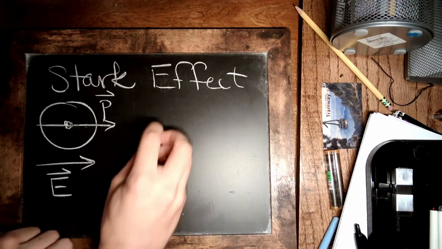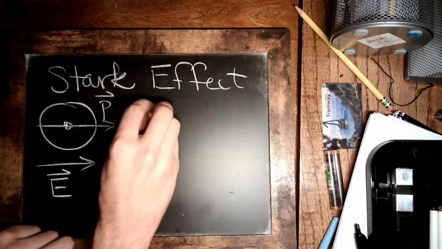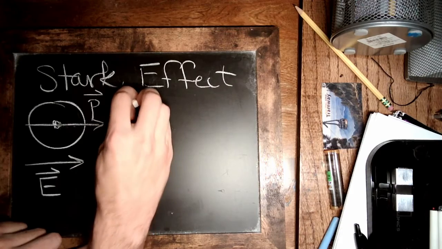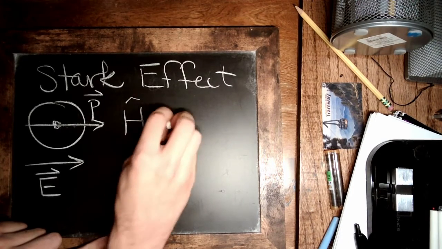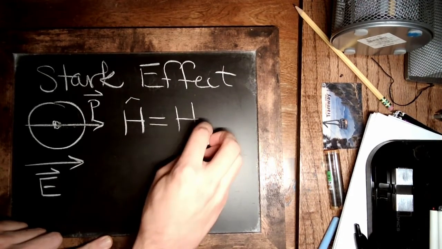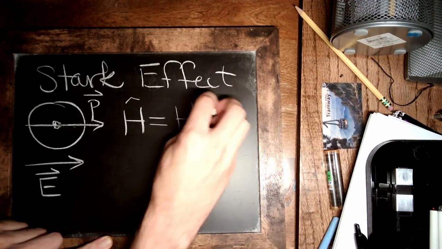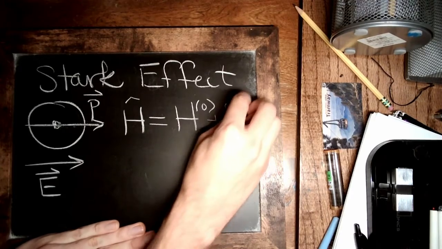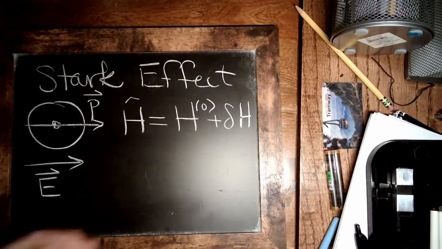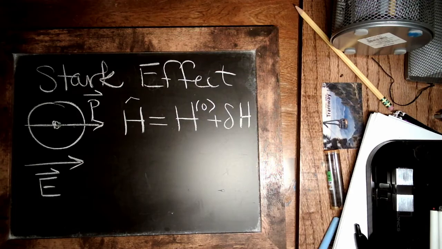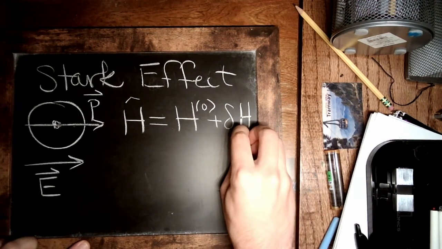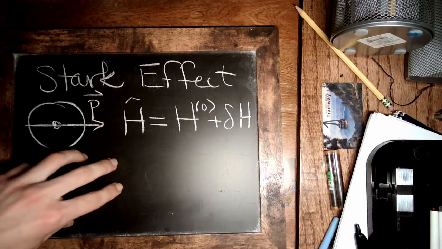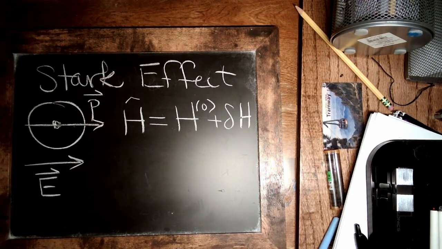So in order to do that, we've got to use this technique of perturbation theory, where we have the normal Hamiltonian for the hydrogen atom, which we're going to call H0, and we're going to add on some small delta H, a change to the potential. And this delta H here is going to be the interaction energy between the electric field and the dipole of the atom.